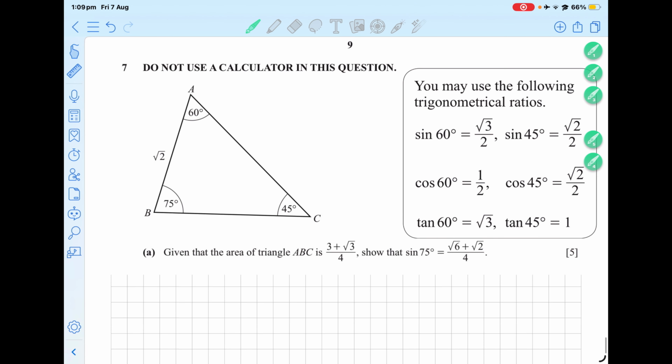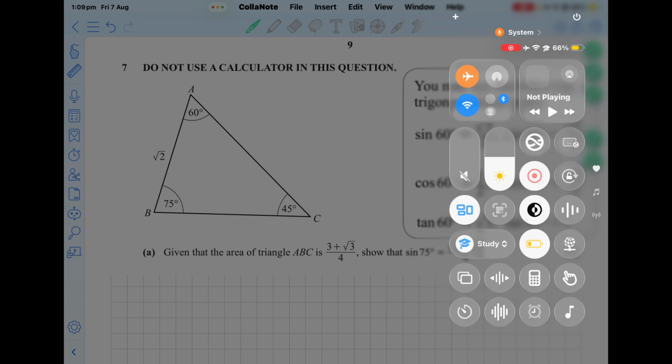So do not use a calculator. Given that area of triangle ABC is 3 plus root 3 over 4, show that this is that even possible? So my plan is just an illustration for you guys.